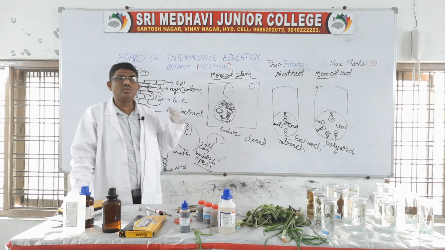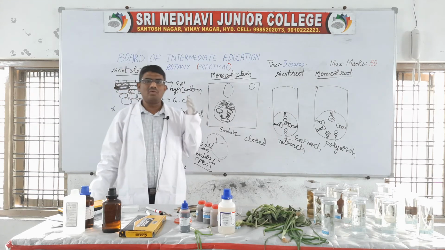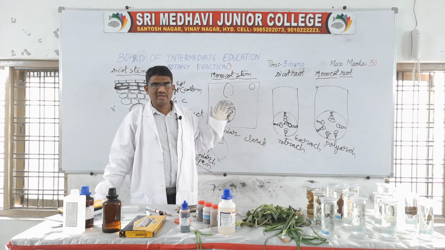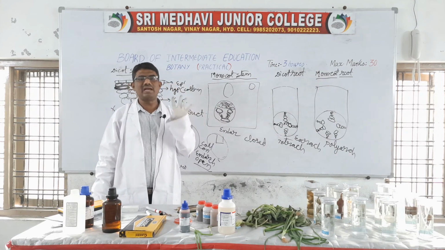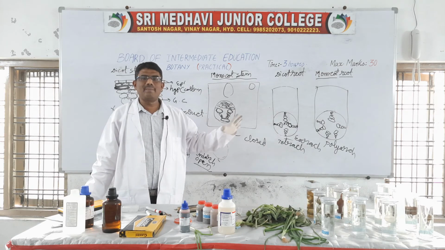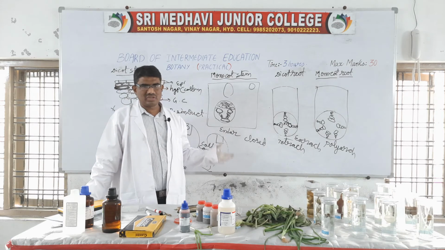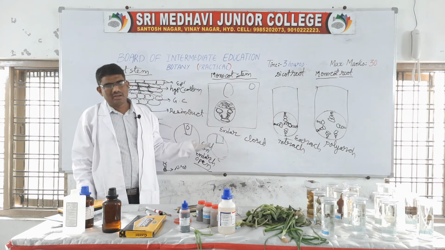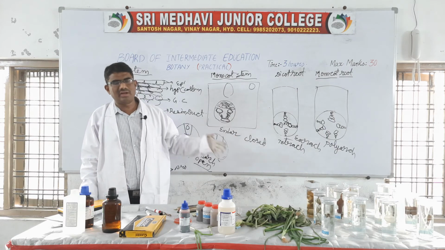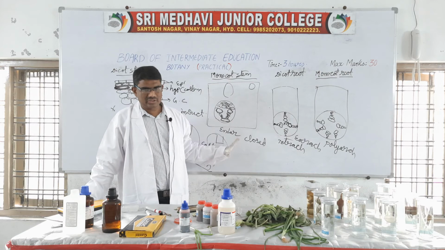Then in the manual, you have to write the identification characters. Any 4 identification characters are enough for the practical examination, either xylem condition, phloem condition, exarch condition or endarch condition, whatever you want. Any 4 points are enough.